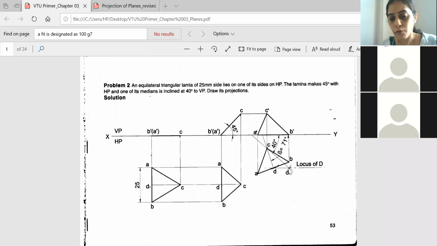It will meet somewhere. This is the true dimension of the median that we get from the first stage. Where it cuts the arc, you will name that D1 and draw a locus. This is called the locus of D.